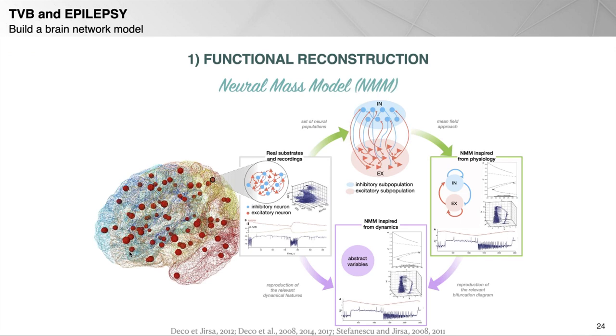These models can be physiologically inspired, like here. In these models, the variables represent the average activity of a discrete set of neuron populations within the brain regions. For example, it can represent inhibitory neurons or excitatory neurons.